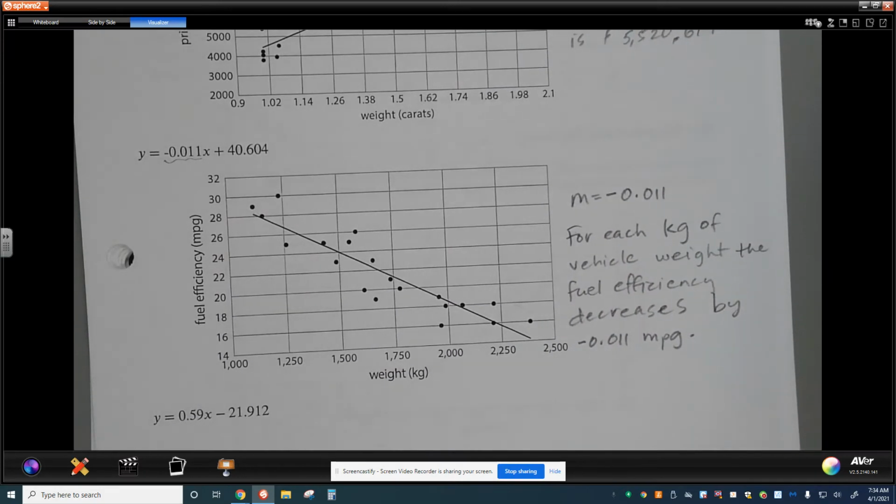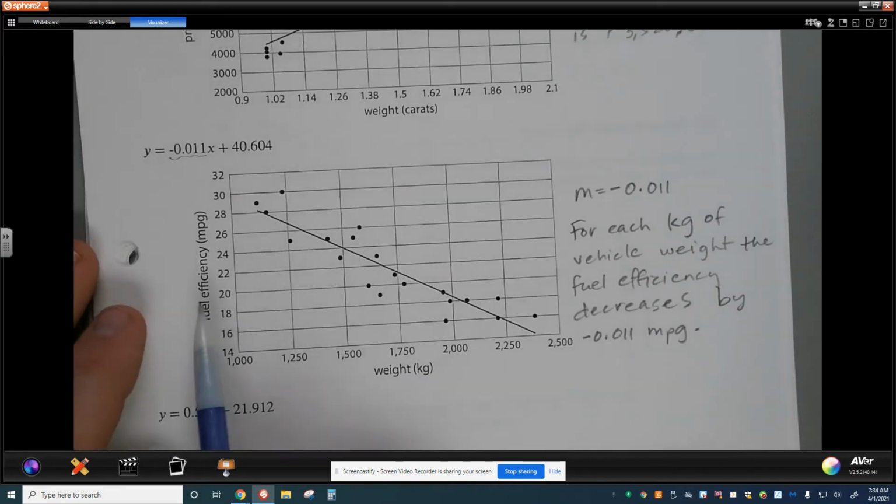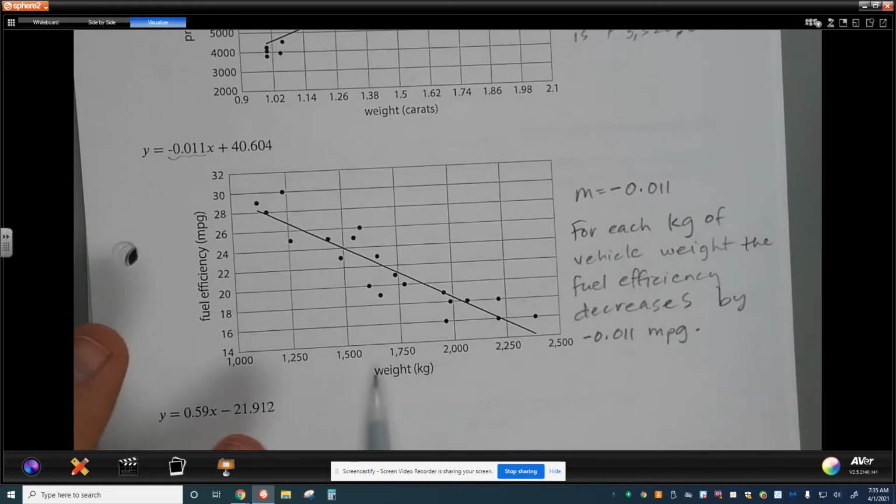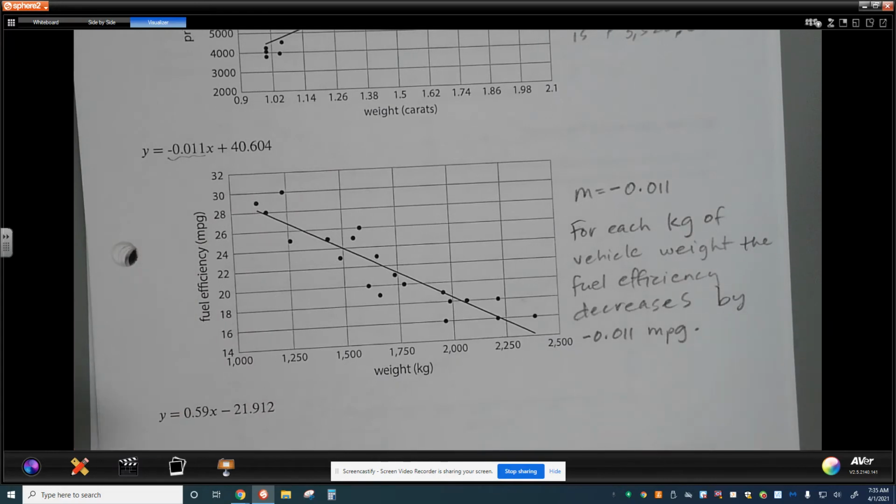There you go. So just really looking at it and saying that I have the fuel efficiency over the weight. So as the weight increases, the fuel efficiency decreases.